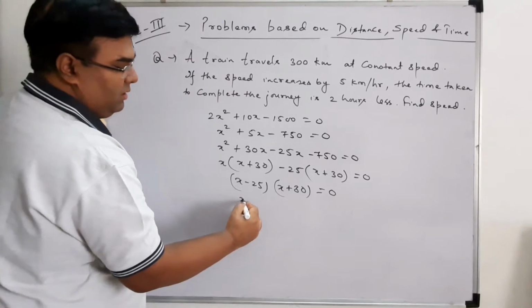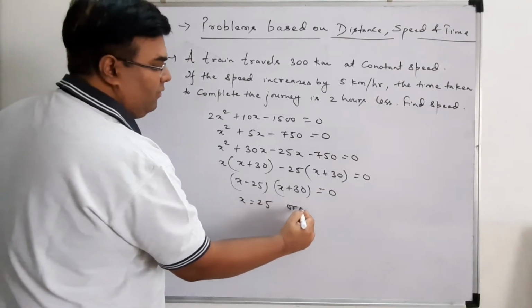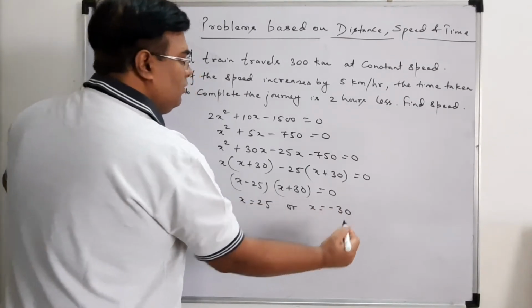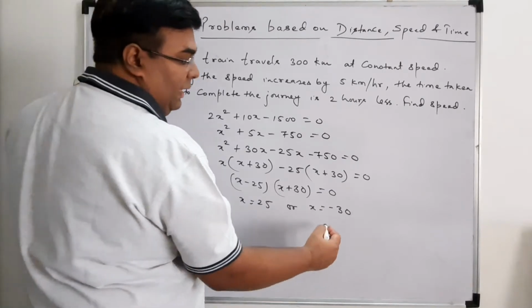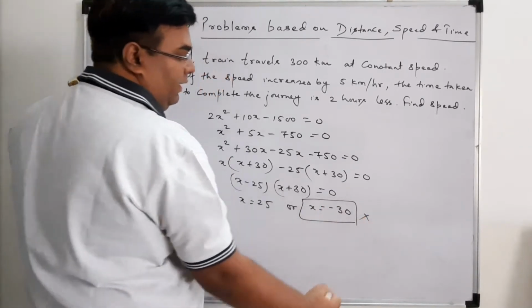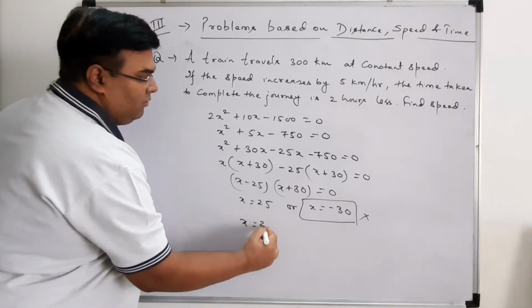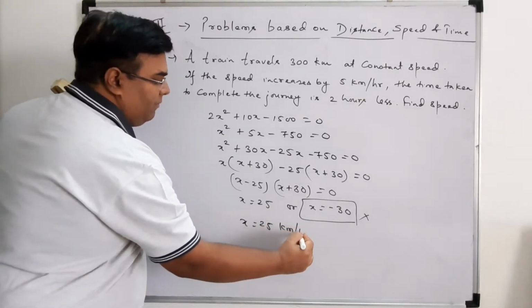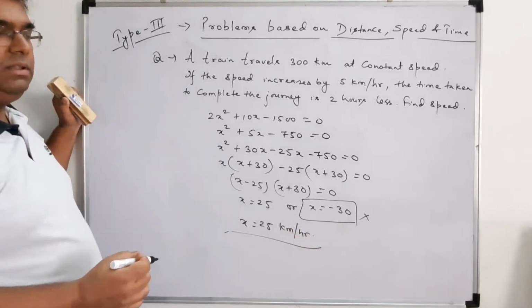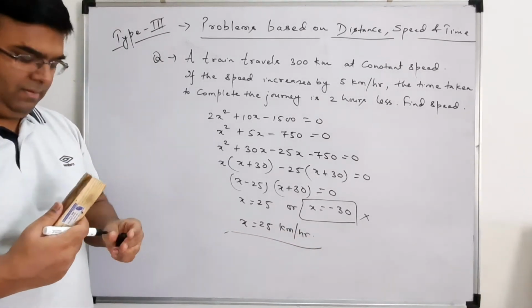So x is equal to 25 or x is equal to minus 30, but our speed cannot be negative here. So original speed is 25 kilometer per hour. This is my answer.